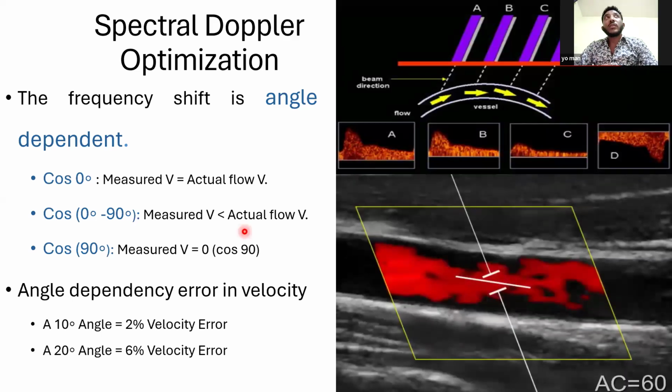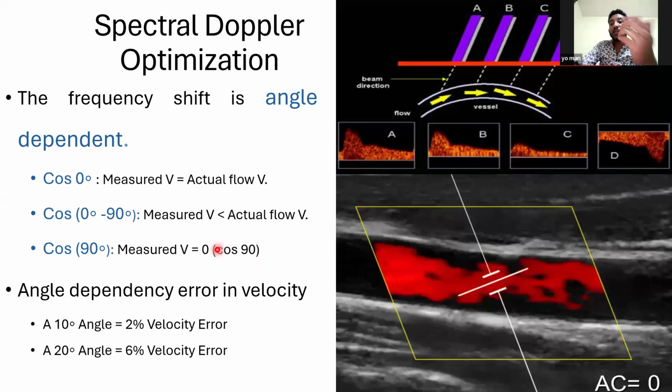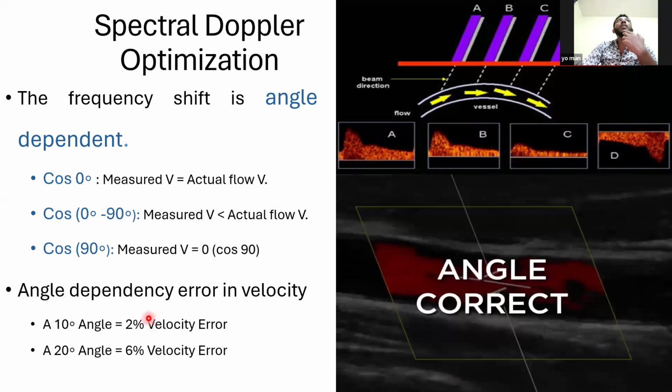If it is directly perpendicular to the direction of the flow, then cos 90 is 0, so the measured velocity would be 0, or we can't get any information if the Doppler gate is perpendicular to the flow of the vessel.